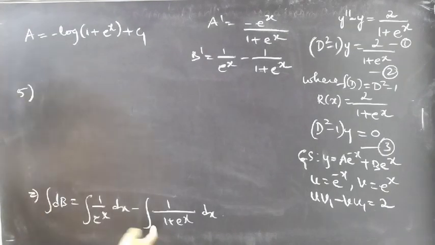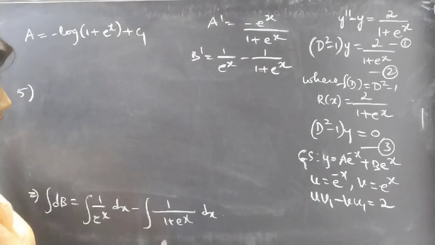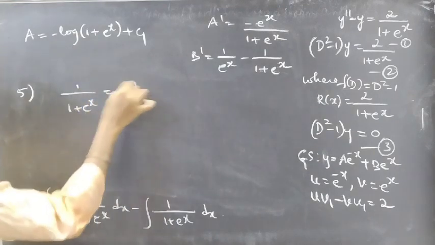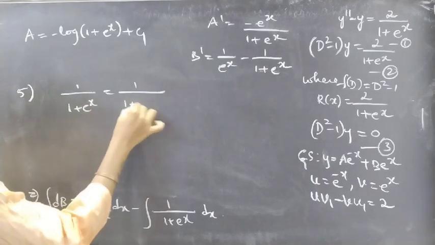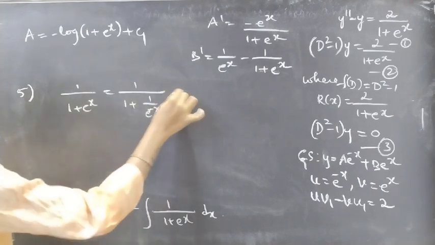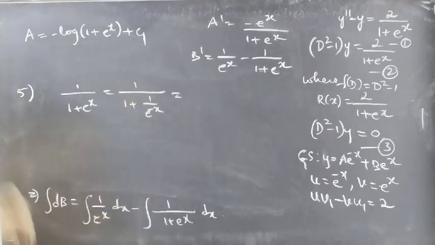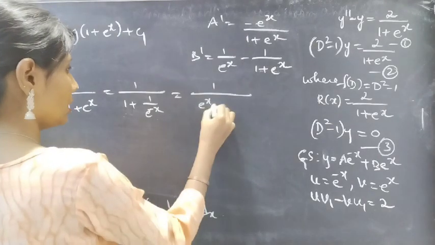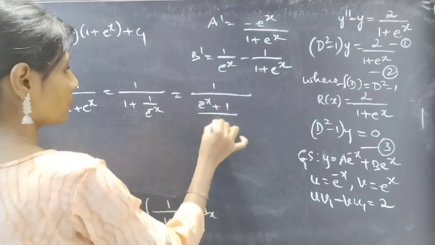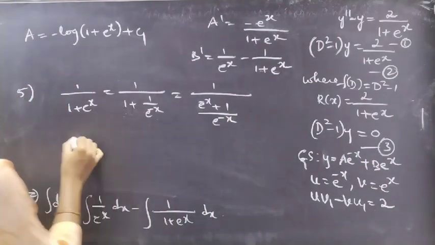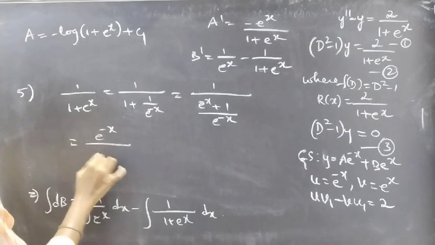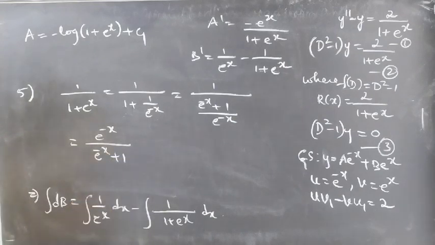Here, in the integrand of the last integral, we have 1 by 1 plus e power x. We can write 1 by e power x as e power minus x. Now take the LCM of these two. We'll get 1 by e power x, e power minus x plus 1 by e power minus x, which equals e power minus x by e power minus x plus 1.